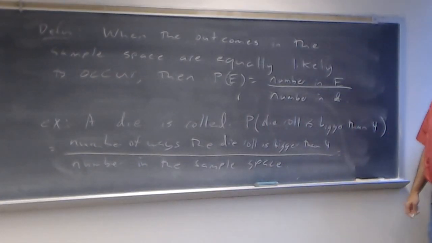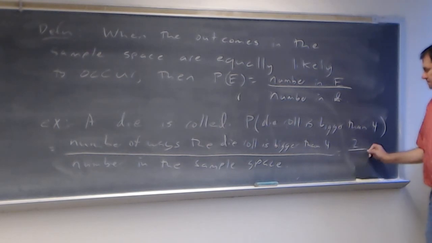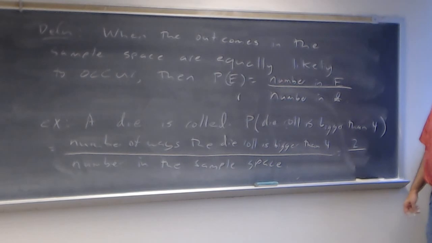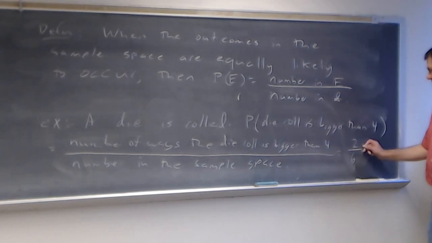Okay, so the number of ways that the die roll is bigger than 4, well, that means you got a 5 or a 6. And so there are 2 ways that the die roll is bigger than 4. And our sample space, if you remember, is the collection of numbers 1 through 6, and so there's 6 in there, and so this can be reduced to 1/3.